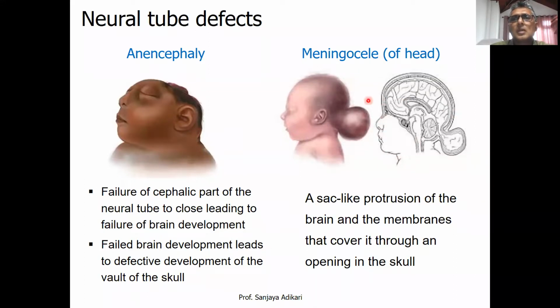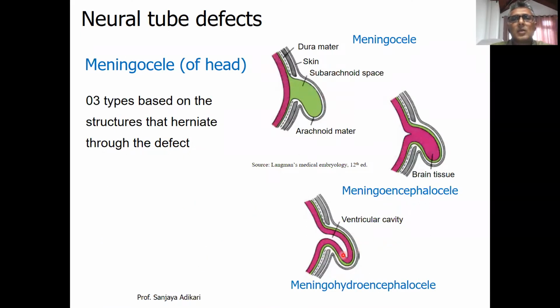When it comes to meningoceles in relation to the head, as you can see here, there are three types. I got this from Langman, a very nice diagram. One is meningocele, where, if you follow the diagram, you have the skin covering outside. Then there's a defect in the skull, through which the meninges herniate with the subarachnoid space.